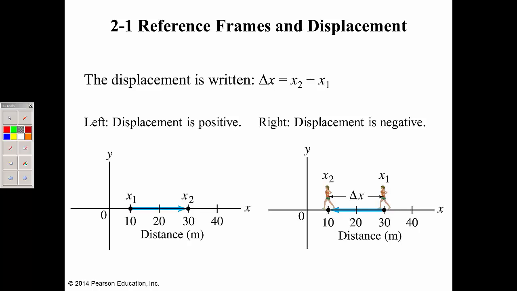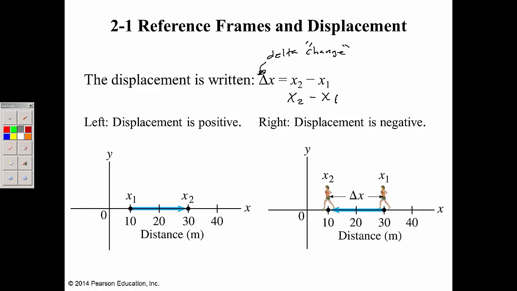We can write our displacement simply as the change in our position. This is the Greek symbol delta, and what it really means is change. It means the final position, x2, minus x1, being the initial position.